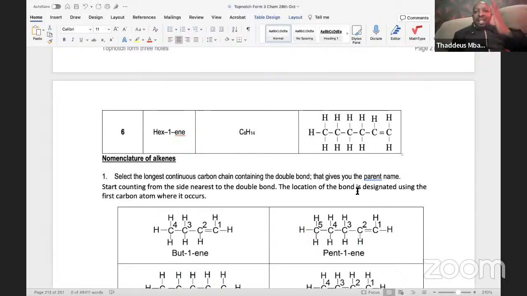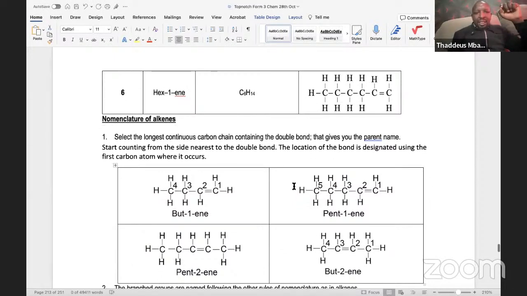But for alkenes, when you are told to name, you start counting from the side nearest to the location of the double bond. Then you indicate that double bond using the first carbon atom where that double bond is located.